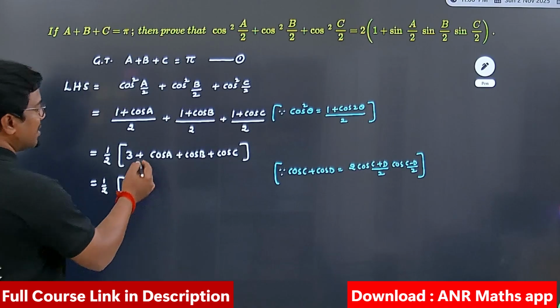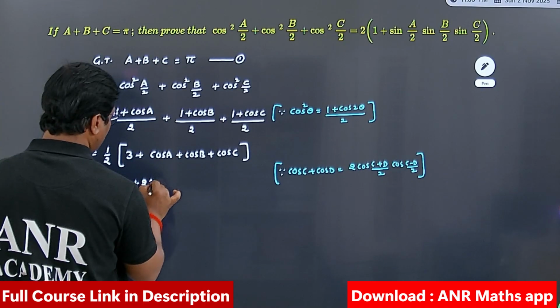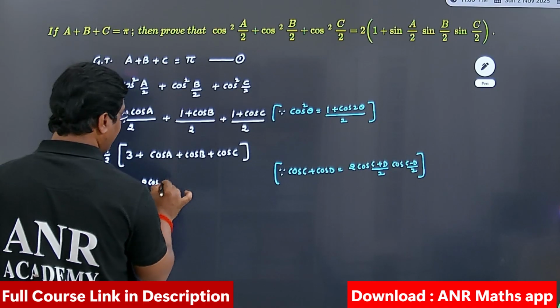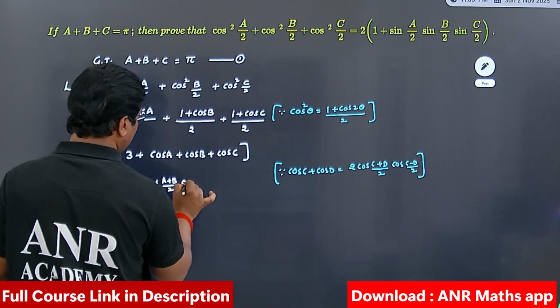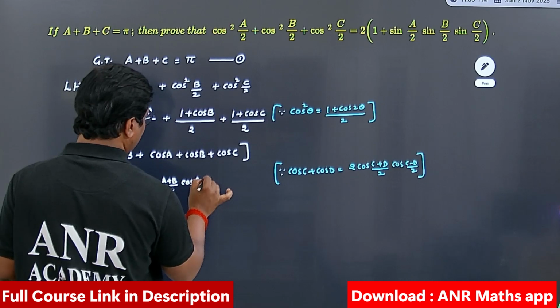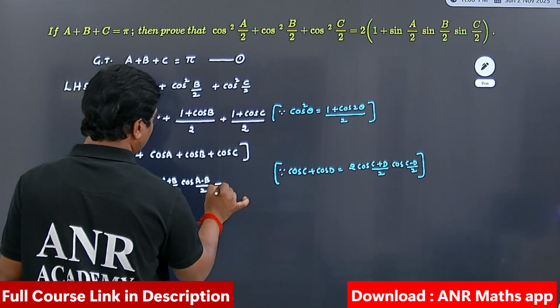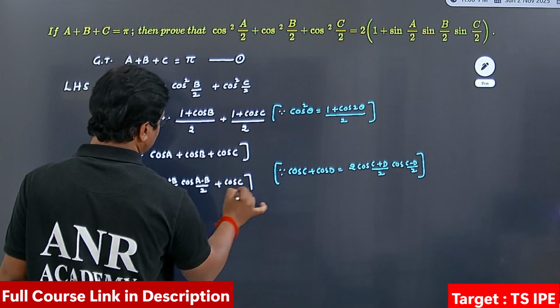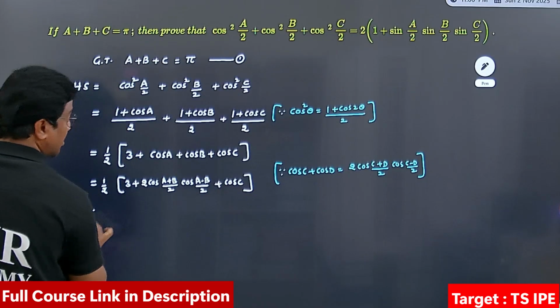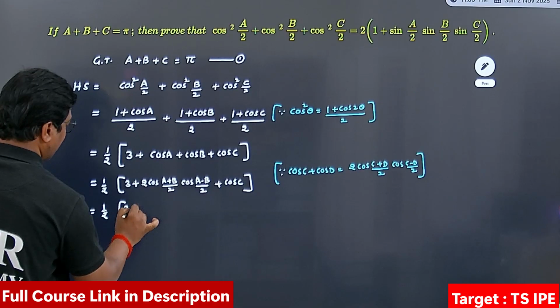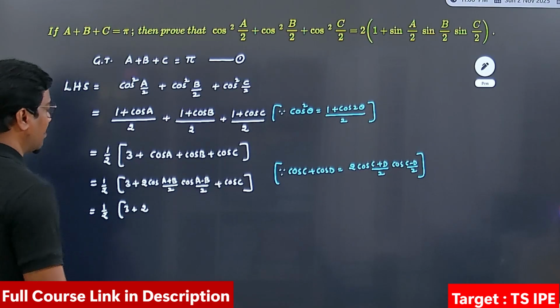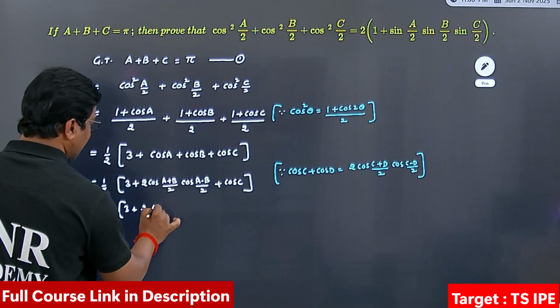Here cos A plus cos B becomes 2 cos (A plus B) divided by 2 cos (A minus B) divided by 2, plus cos C. Yes, in the next step I can write 1 by 2 of 3 plus 2 times cos of (A plus B) by 2.